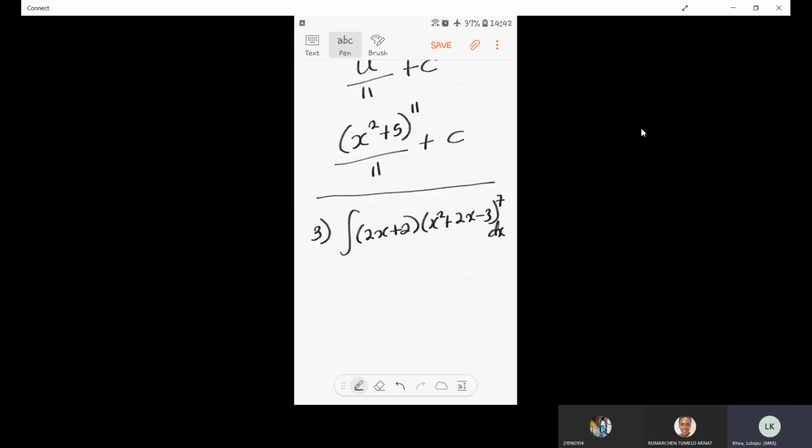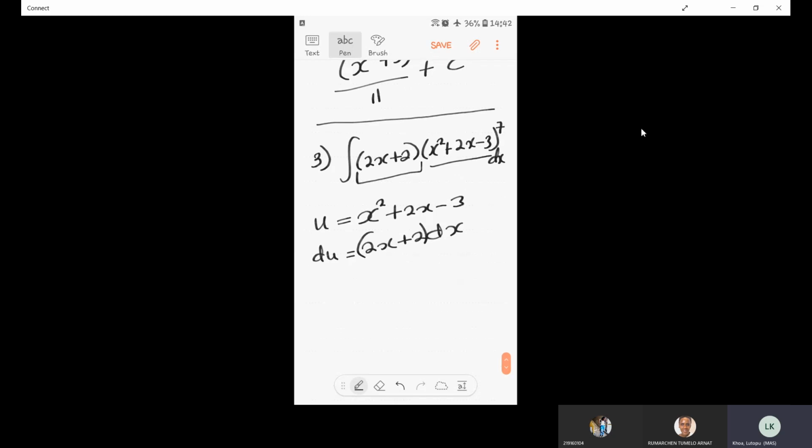Now integrating this one, if I look at my bigger bracket and I differentiate that, I will have 2x plus 2, which is exactly equal to this one. So I can let u equal x squared plus 2x minus 3. This means that du is equal to 2x plus 2 dx.